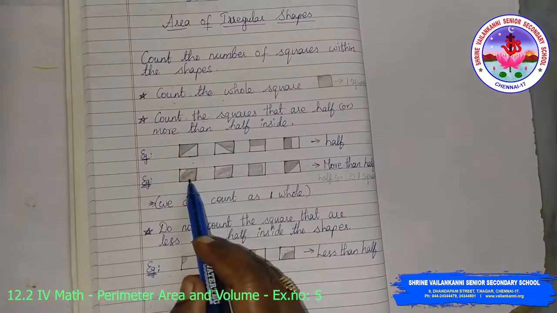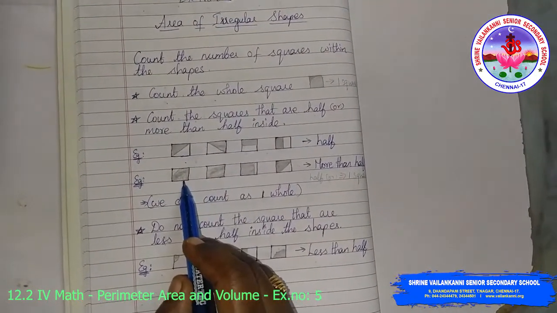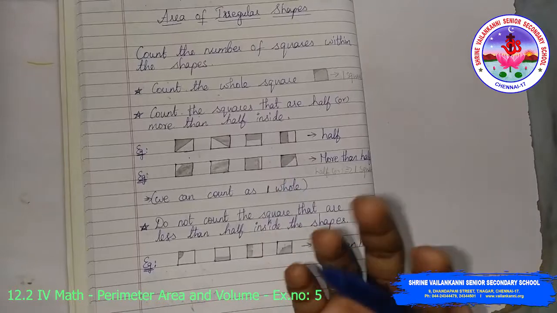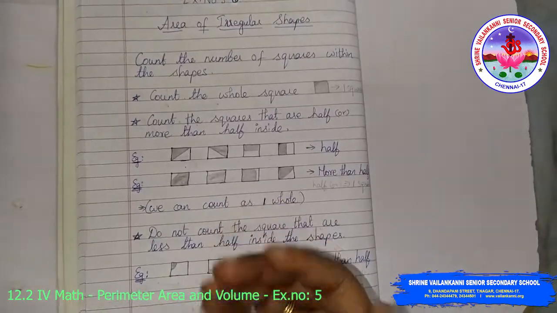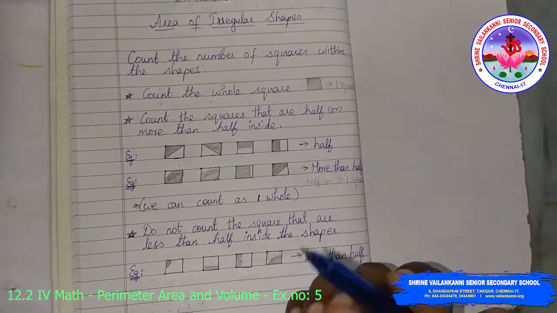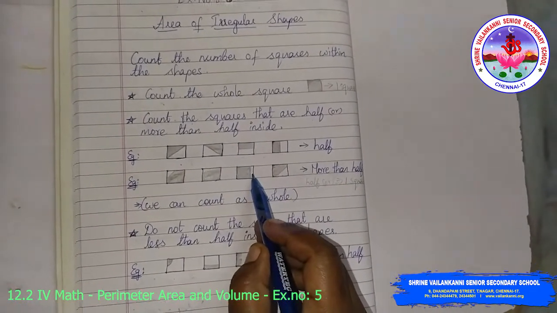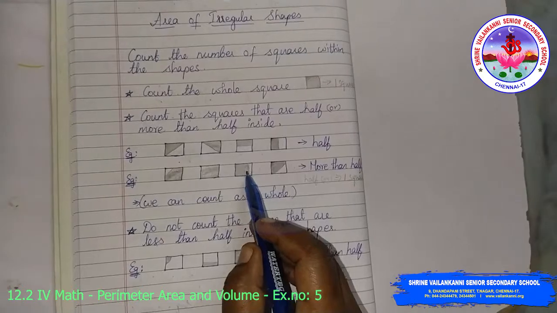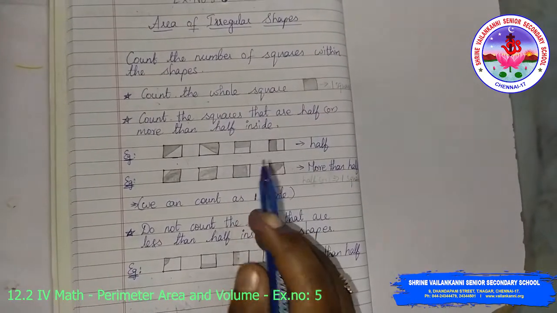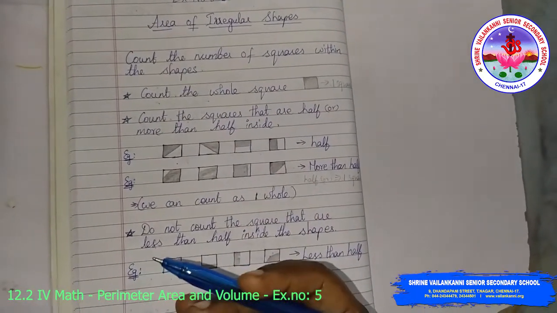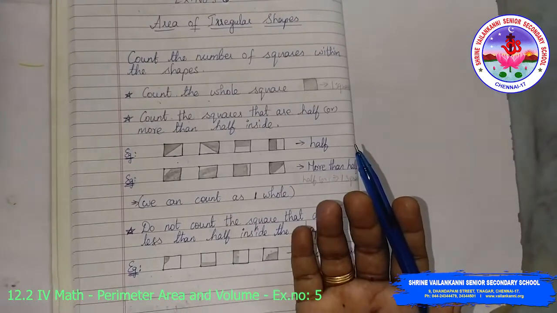Next is more than half. These are only four examples I have given, but if you see different pictures, you can find it by comparing the shaded and unshaded part, and you will come to know whether it is half shaded or more than half shaded.